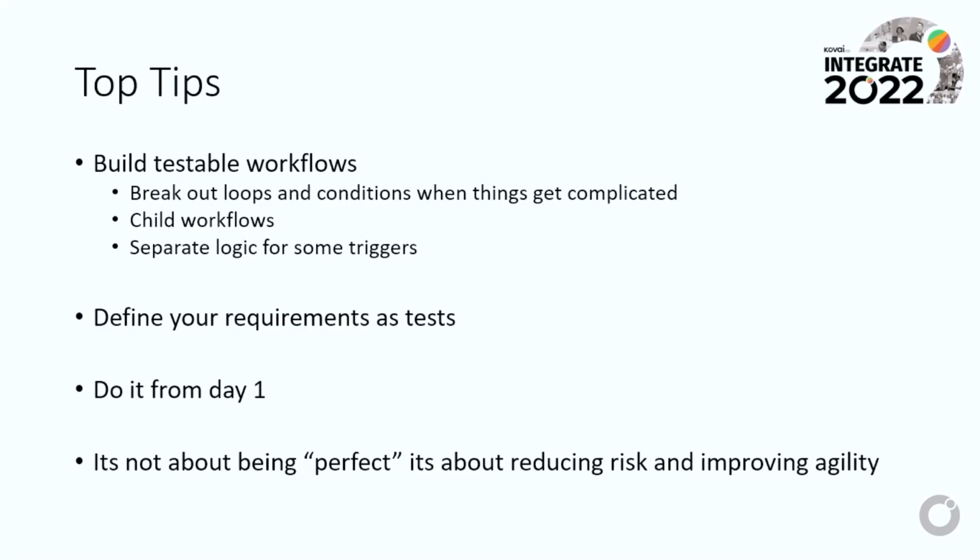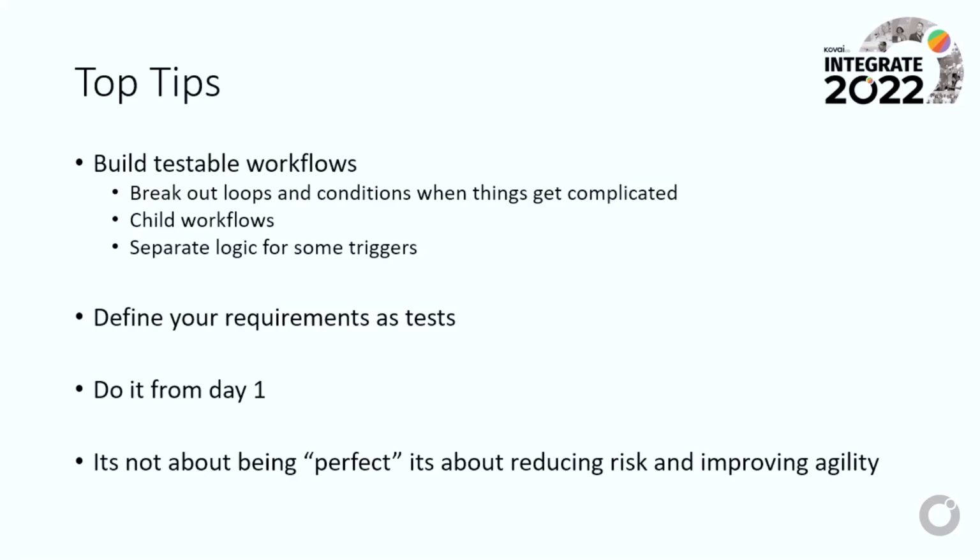That makes it hard to test. So when it starts getting complicated, break some of that out into a child workflow, test the child workflow, test the parent. There might be a little bit of performance overhead, possibly, so you need to balance the trade-offs, but actually maintainable software over a long period of time, that's really what you want.